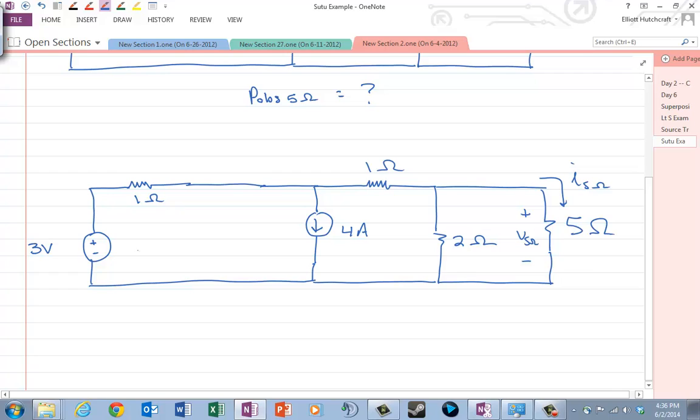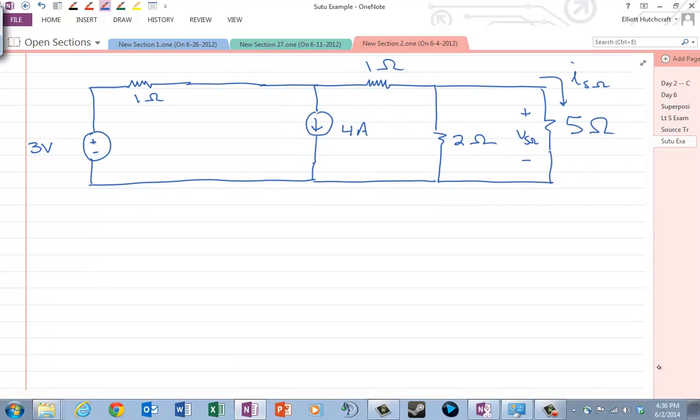Now that wasn't source transformation, that was really just combining sources. But now here's where you can start to see source transformation. And we're going to do source transformation and combining sources together again here in just a second. So generally, what's your clue that source transformation would be a good thing to use?